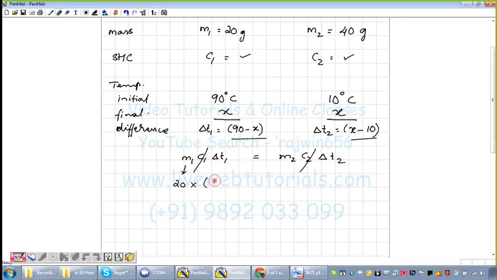Delta T1 is 90 minus X. M2, that is mass of cold water, that is 40 grams multiplied by delta T2, which is X minus 10. That'll be 2, 1, 1. Correct? We can do direct cancellation over here also so that our calculation becomes simpler.